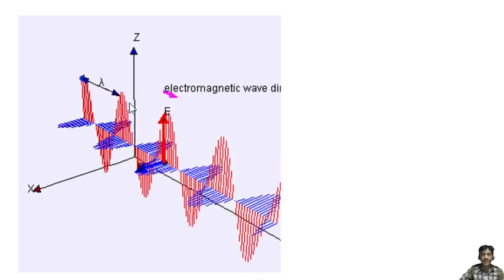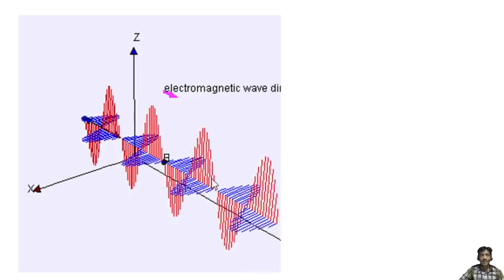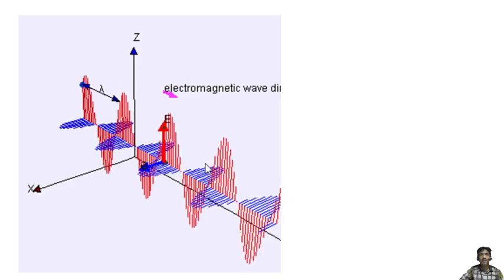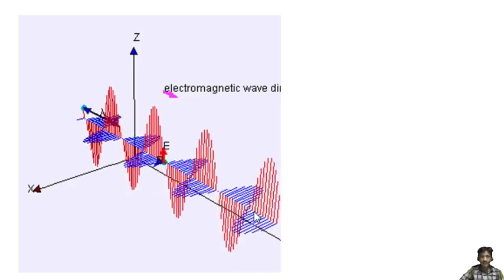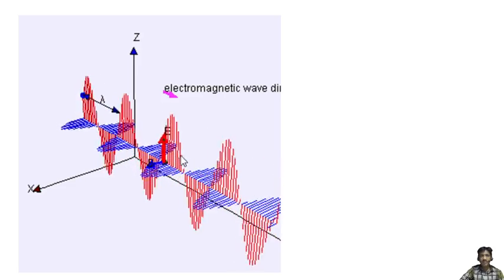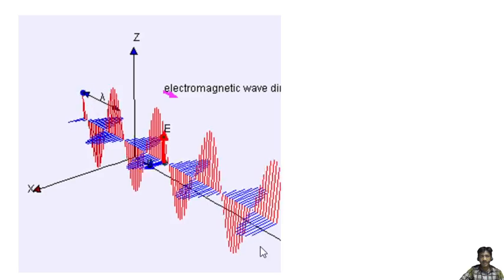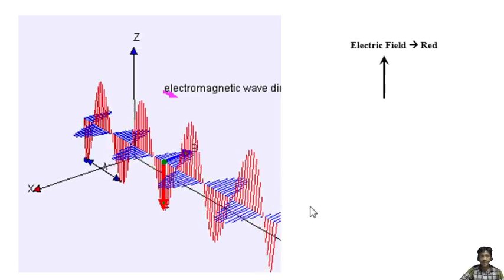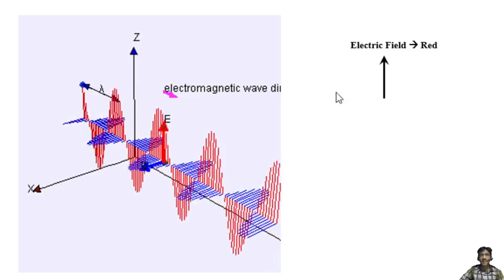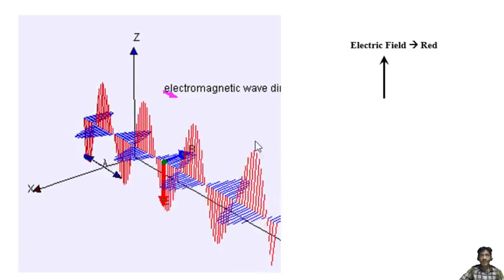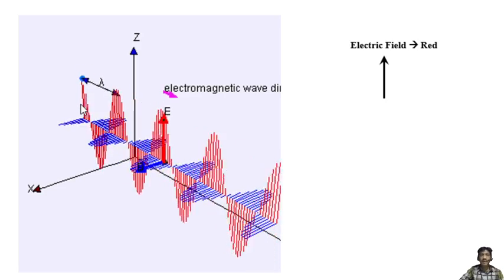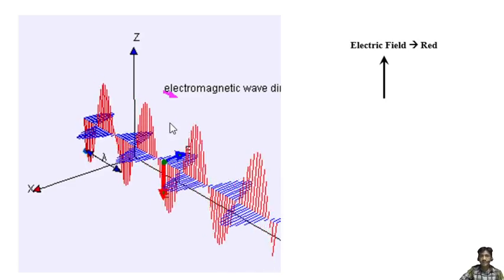Here you see the animation of how the electromagnetic wave is traveling. The electromagnetic wave travels in the z direction. The red color represents the electric field, which is due to the voltage change as the antenna element is excited.